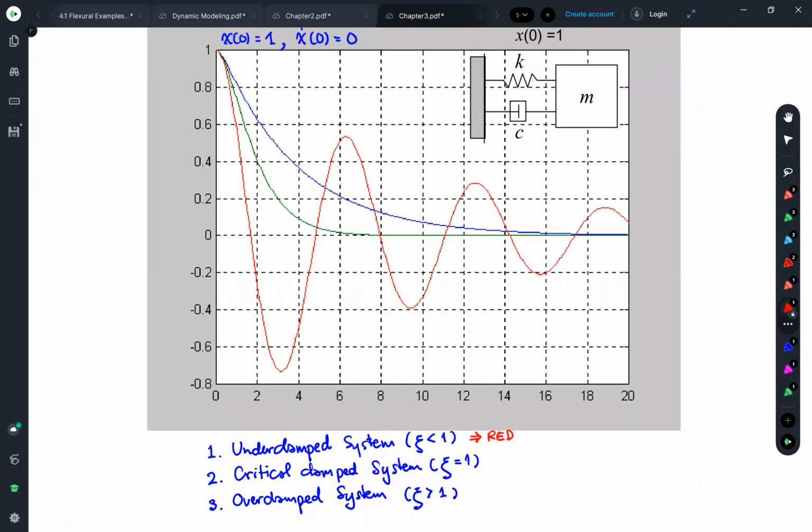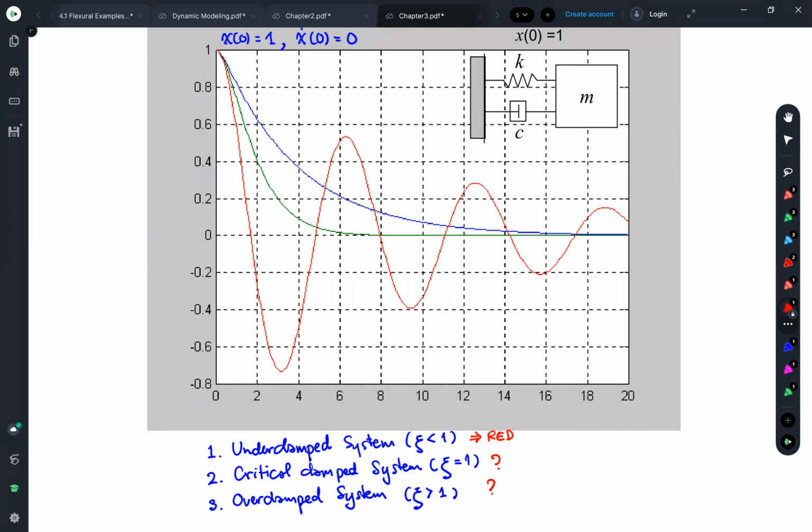Remember, it's a sine cosine. But for the critically damped system and the overdamped system, I don't know which color belongs to these two. I would like you to imagine or look at the mathematical solutions 25 and 22 maybe. Imagine what is the critically damped system, the green or the blue, and what is the overdamped system, the blue or the green. Just easy like this.